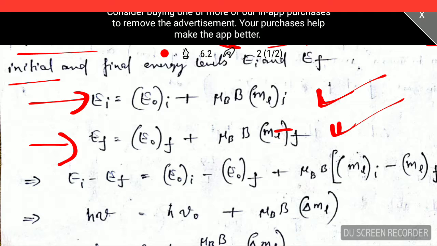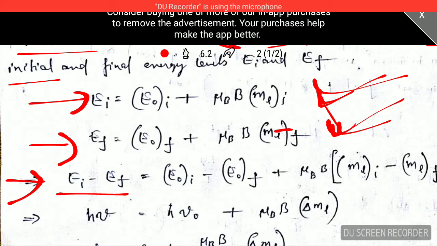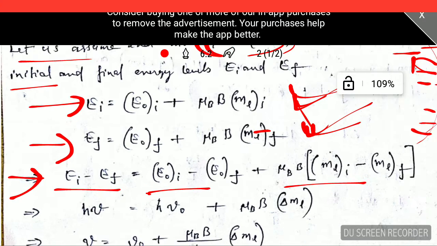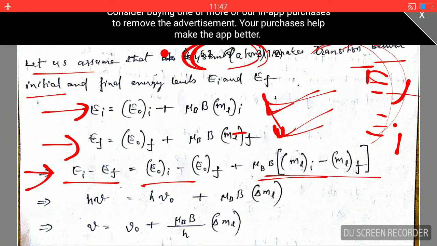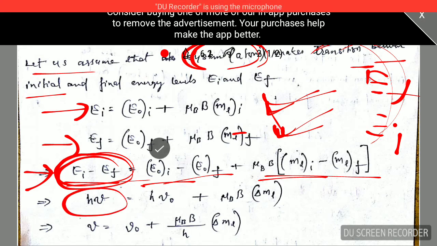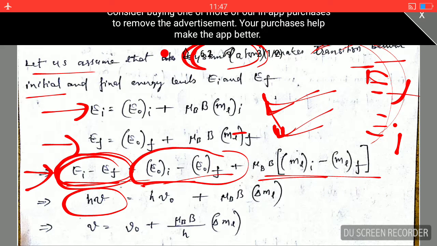Now I am going to subtract these two equations. You can see that this term has come, and this has come, and then this has come. You simply have to subtract, and now this difference in energy is written as h nu, and this is written as h nu 0.